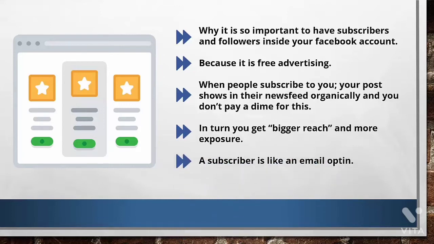Also, a subscriber on Facebook is similar to an email opt-in. They're like your email subscribers. You'll send them an email, and once they log inside their Gmail or their Yahoo Mail, they can see your email and they can peek or read whatever you have sent them. Similarly, a Facebook subscriber can also see your updates once they log in. The difference between an email and Facebook is that Facebook is a type of social media.